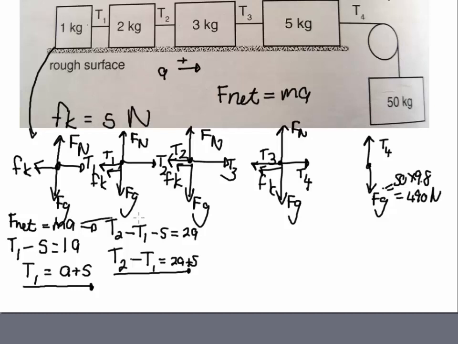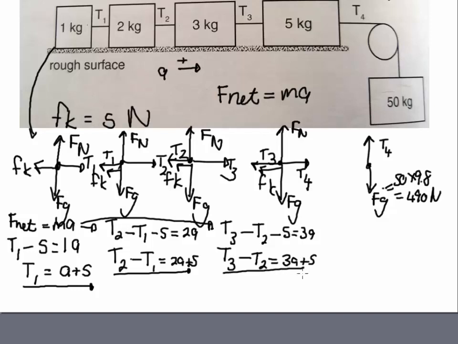If we use F net equals MA for the third block, we're going to have T3 minus T2 minus the 5 Newton is equal to MA, which is now 3A, and here we say T3 minus T2 is equal to 3A plus 5, and that is our third equation.